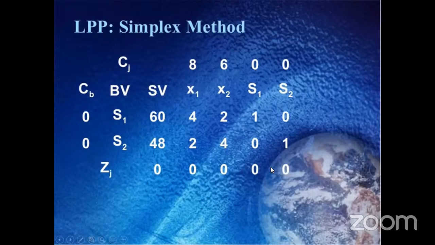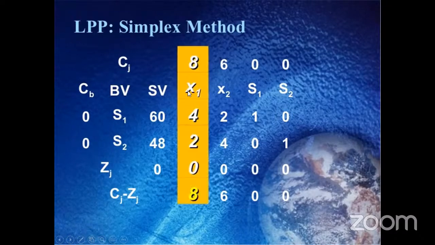Then Cj minus Zj, Cj is on the top and Zj is at the bottom. So 8 minus 0 is 8, 6 minus 0 is 6, 0 minus 0, 0 minus 0. Among this Cj minus Zj row, the maximum positive value is 8. So 8 is the key column number.